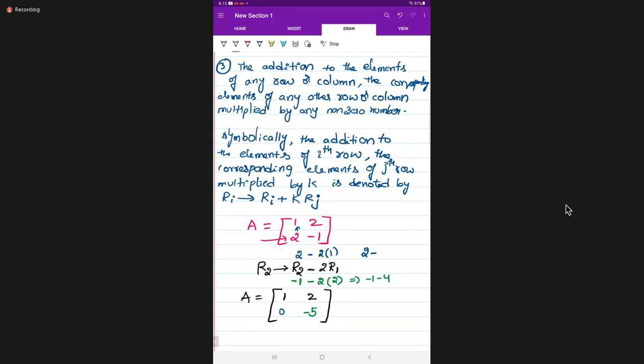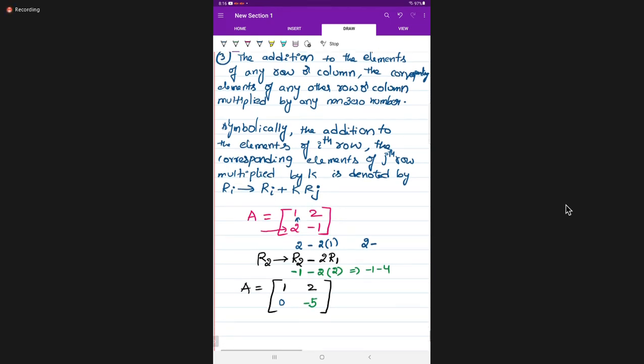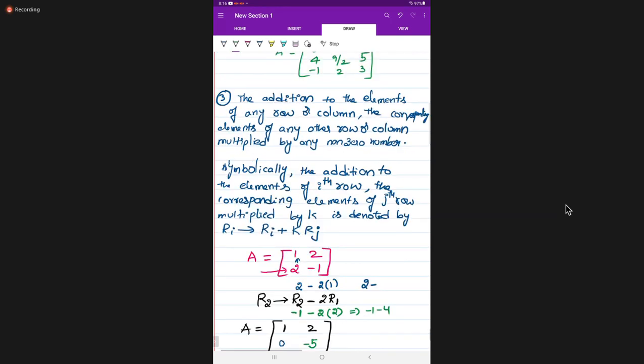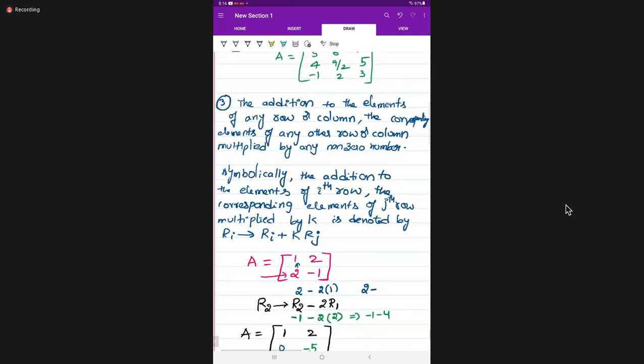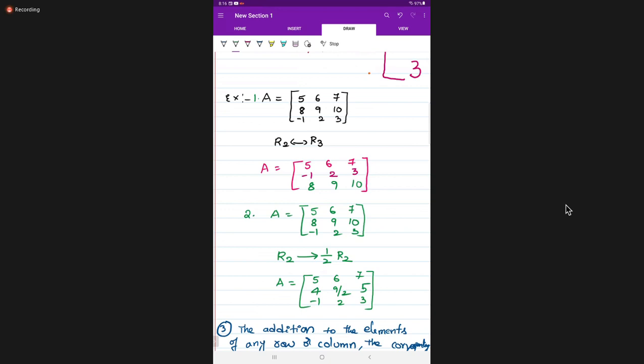Can you scroll down? This is the first one. Yeah, this is the first one.